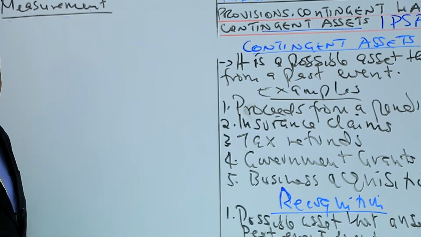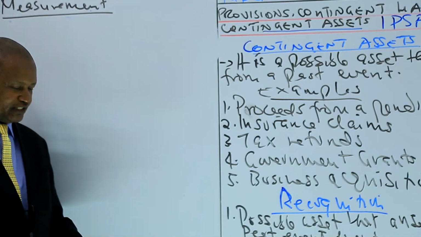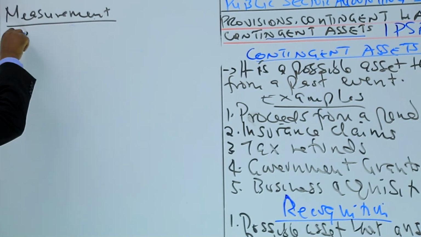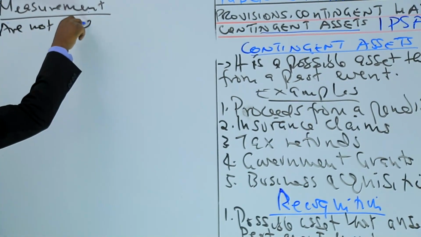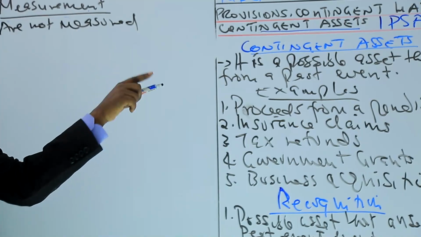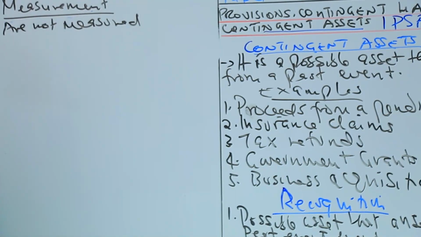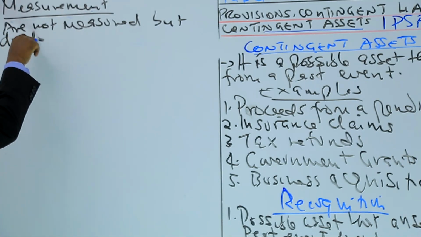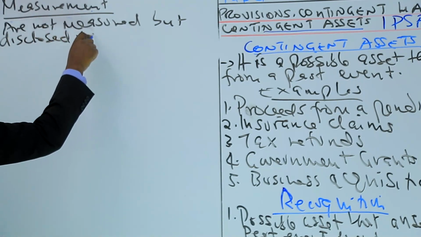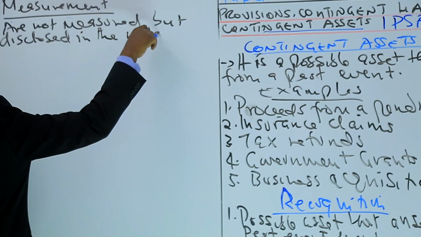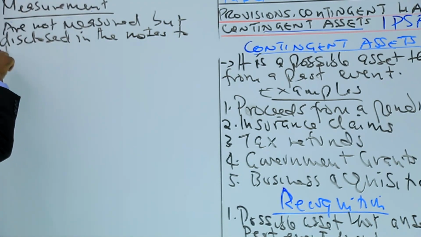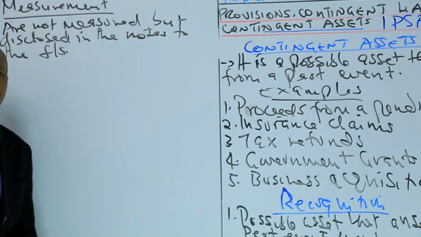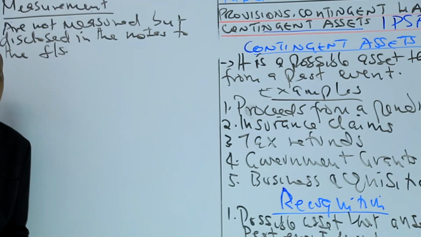So I've already answered that question. Contingent assets are not measured.